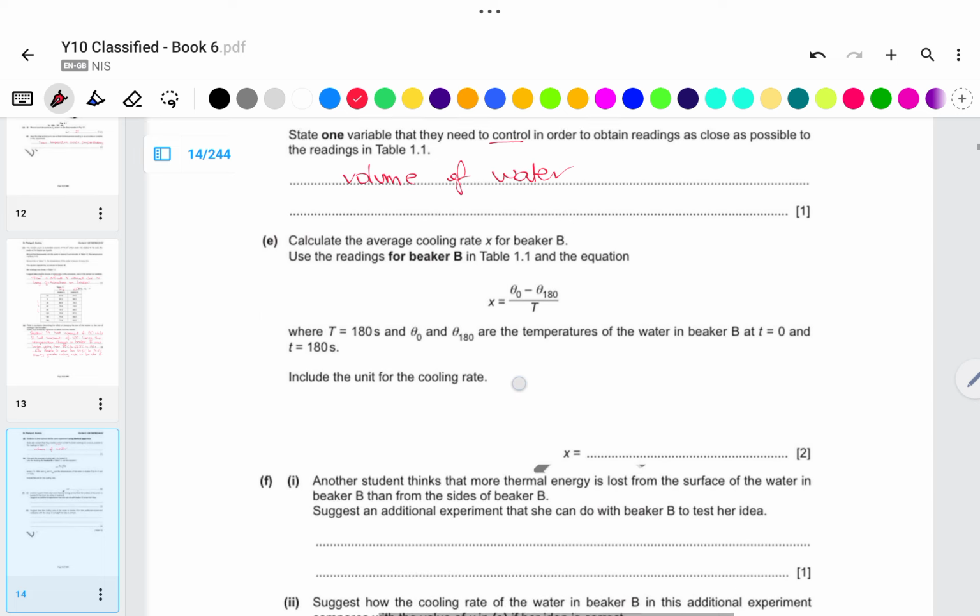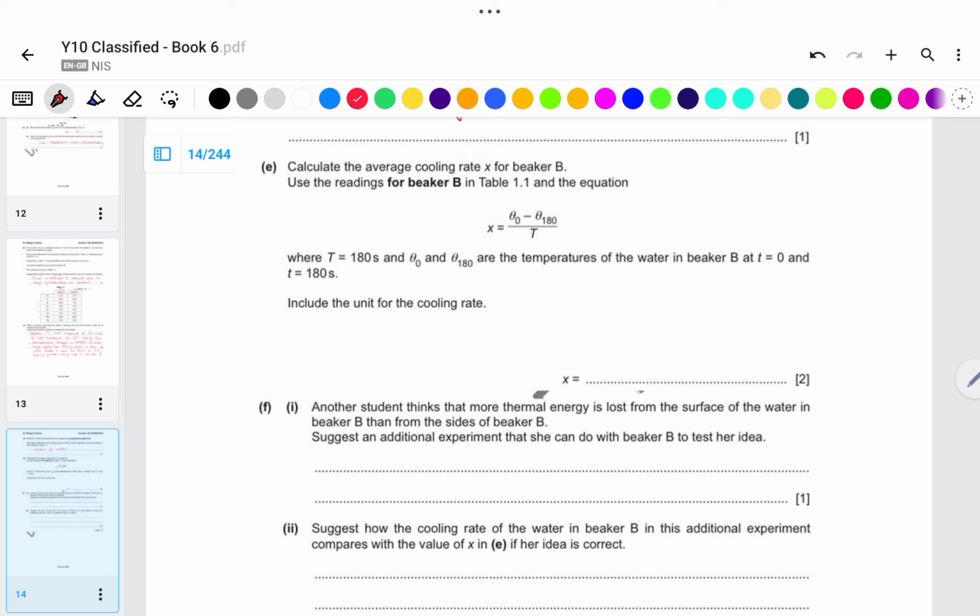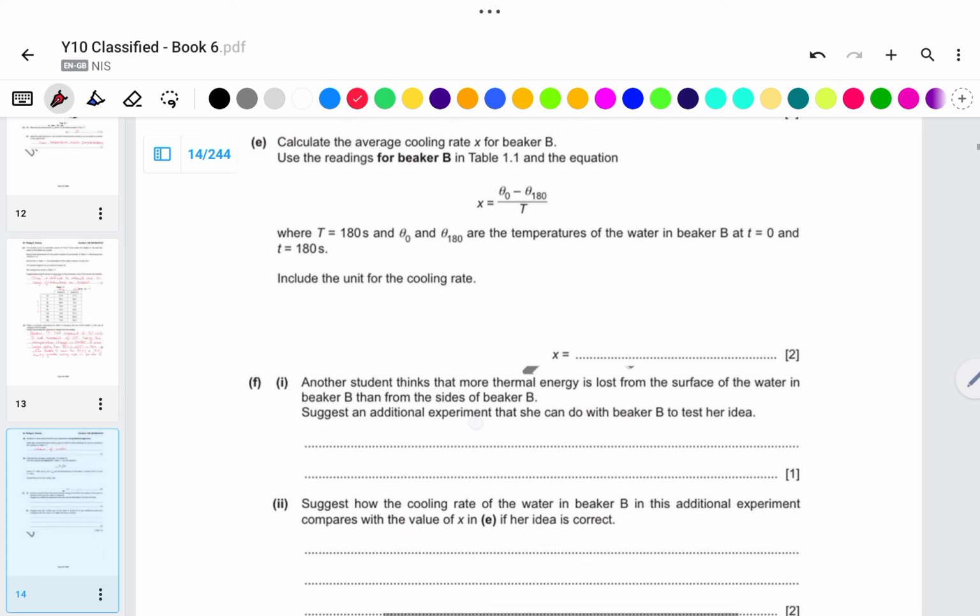Okay. Part E, calculate the average cooling rate X for beaker B. Use the readings for beaker B in table 1.1 and the equation X equals theta 0 minus theta 180 over T, where T is 180 seconds, theta 0 and theta 180 are temperatures of water at T equals 0 and T equals 180.